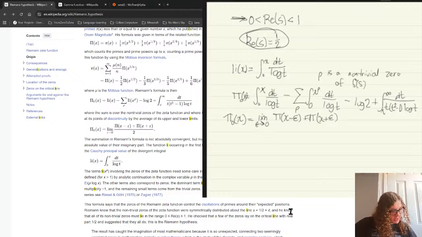We're just taking the average of those two values, so that we have something at the discontinuity.